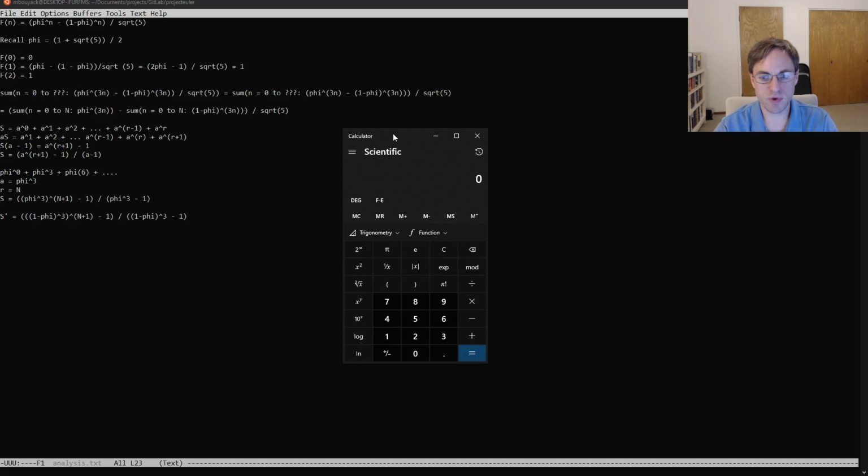So if we recall our expression that we were using up here, then we're going to have phi to the 25th minus 1 minus phi to the 25th, and that whole thing is going to be divided by 5 to the 1/2.